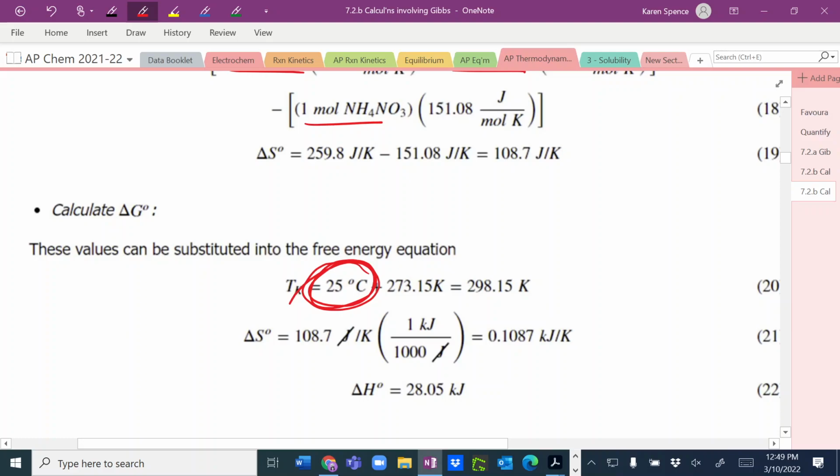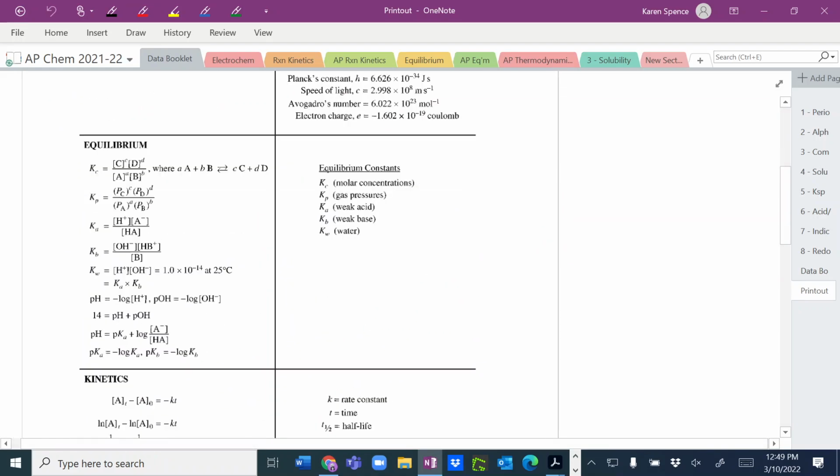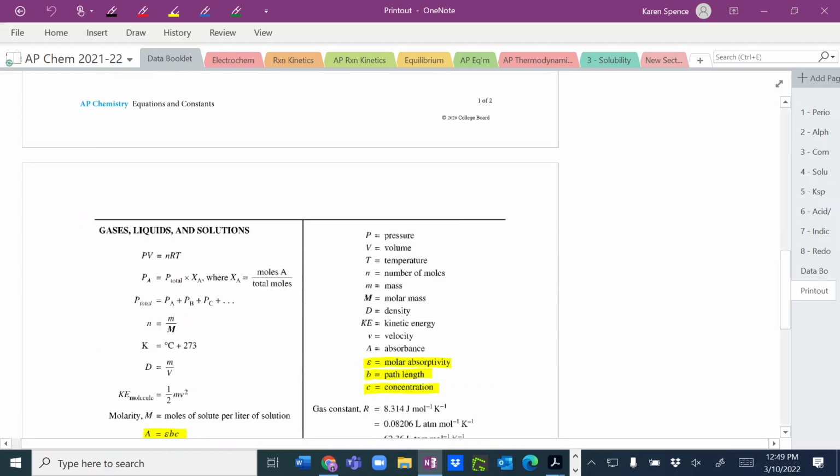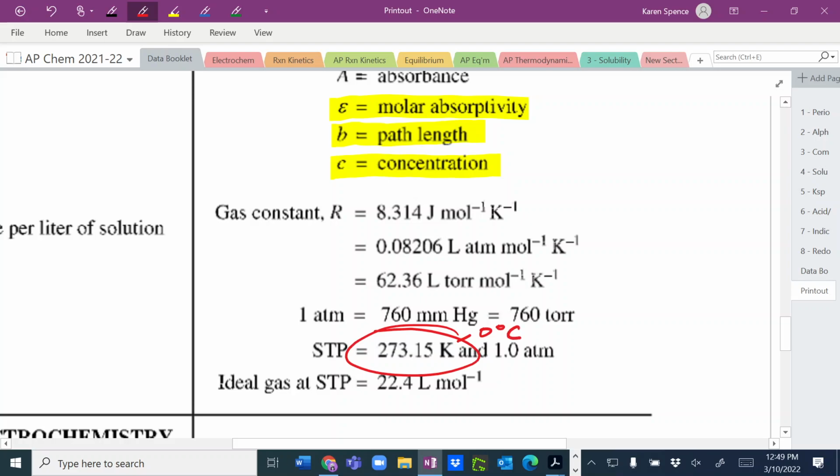If you don't remember that number, where would you find it? On your data sheet, probably in the gas section, because it tells you the gas constant and it tells you STP. That's 0 degrees, okay? So if you forget that number, it's there for you.